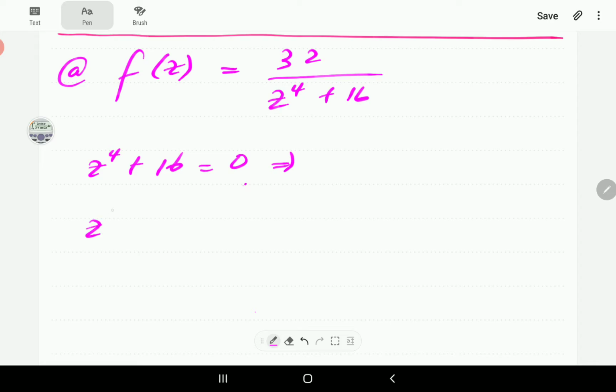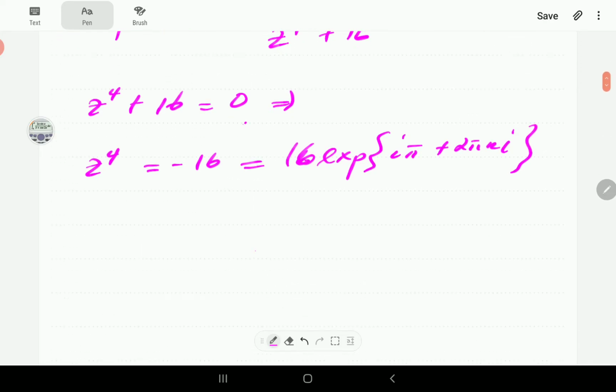So z to the power 4 is going to be negative 16, which we can write as 16 times exponential of i pi plus 2 pi k i, where k is an integer.